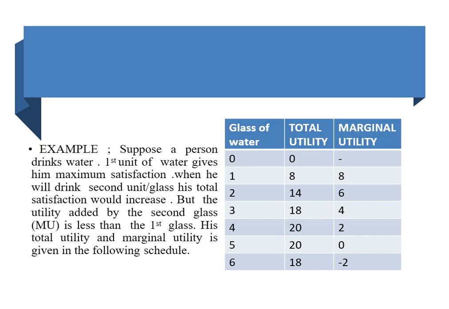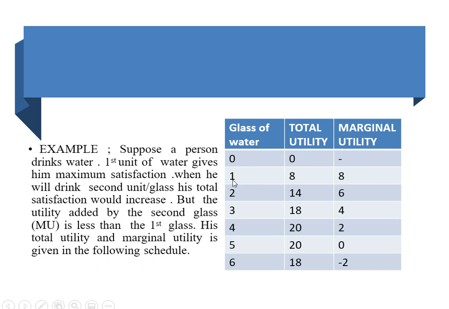As you can see, we have a table here. The table shows that a particular person is taking 6 glasses of water, and against these 6 glasses of water his total utility and marginal utility is given. When the person is not taking any glass, his total utility and marginal utility is 0.